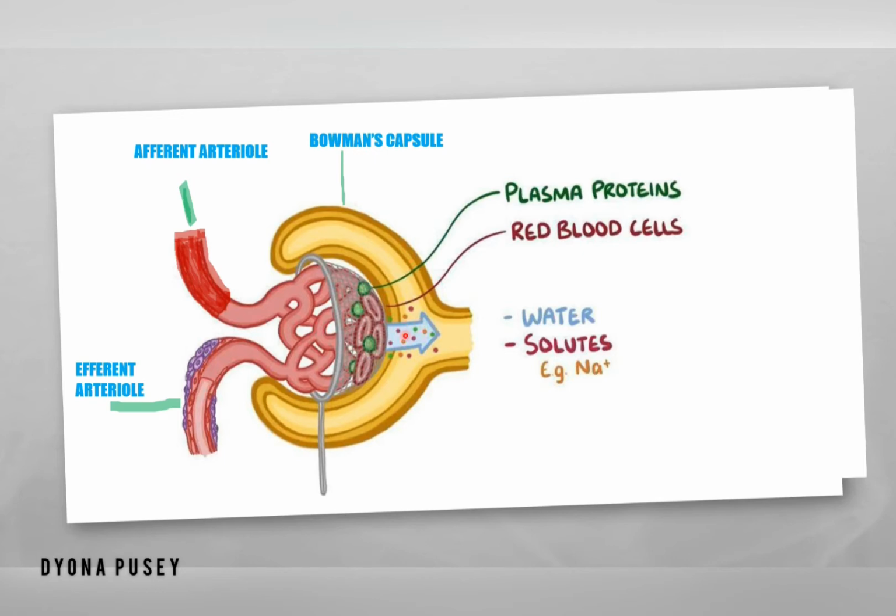These are substances such as water, urea, protein, and solutes, and is now called the glomerular filtrate. Substances that are not filtered in the glomerulus are blood cells, platelets, and albumin. These then leave the glomerulus via the efferent arteriole, and that is the process of ultrafiltration.